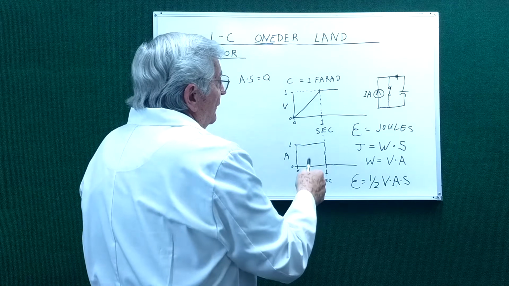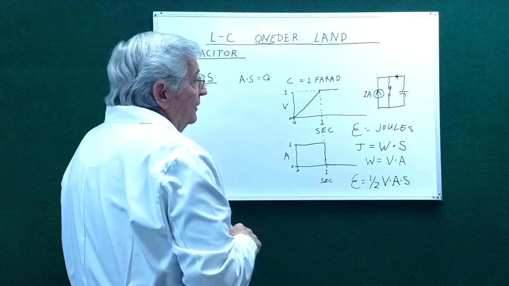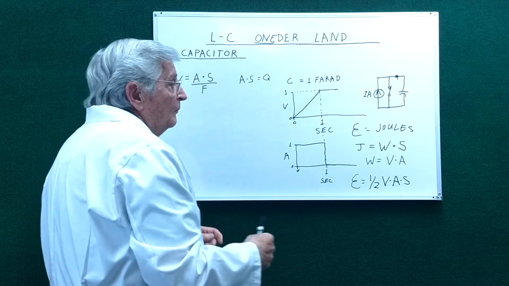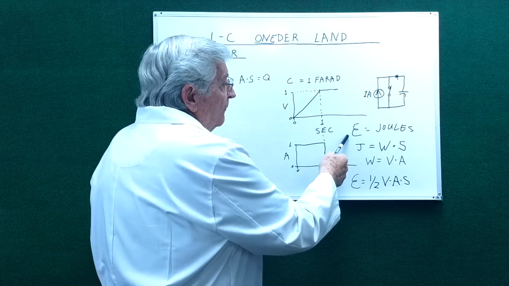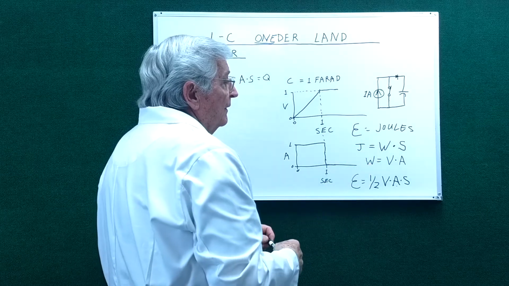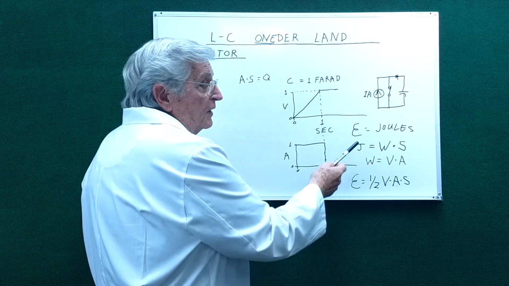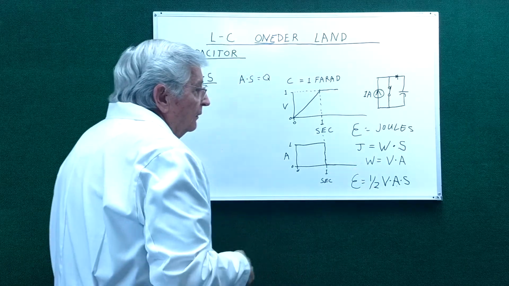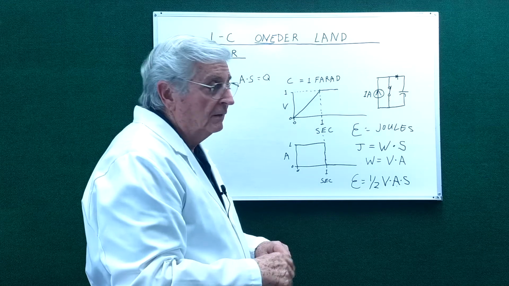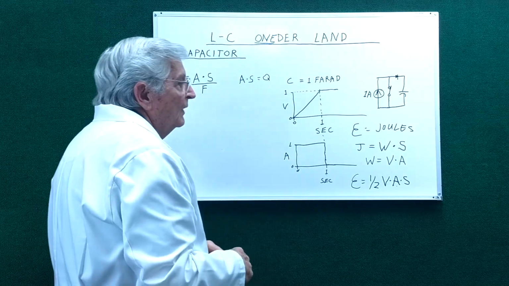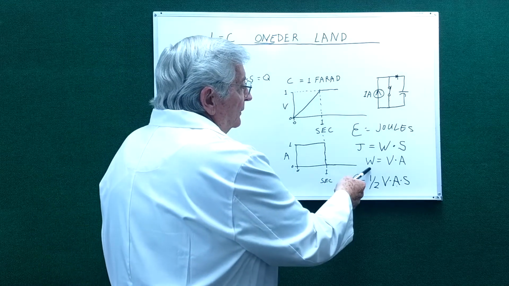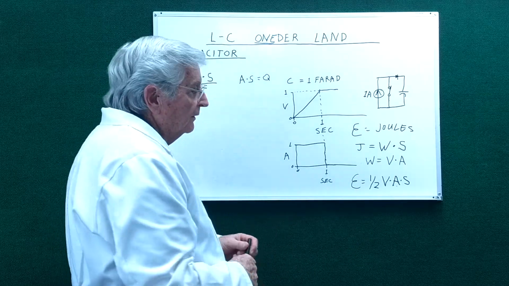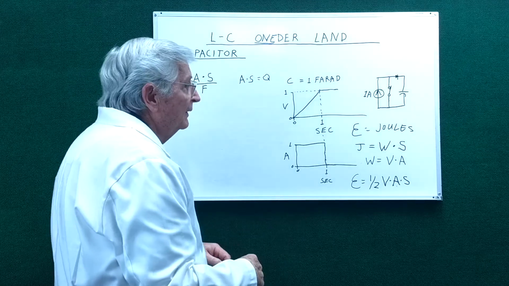Now the energy that we're putting into that capacitor is an important issue, and energy is given in joules, which uses a symbol J, and joules are watt seconds. 1 watt for 1 second is 1 joule. Now a watt is a volt times an amp. 1 watt is 1 volt times 1 amp.